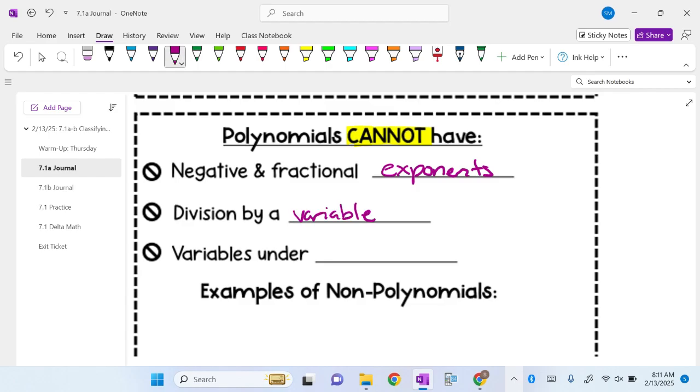So there can't be any letters in the denominator. And you can't have any variables under the radical symbol. So remember, the radical symbol is a symbol like that. That's the radical. If your variables fall under that bar, it is not a polynomial.